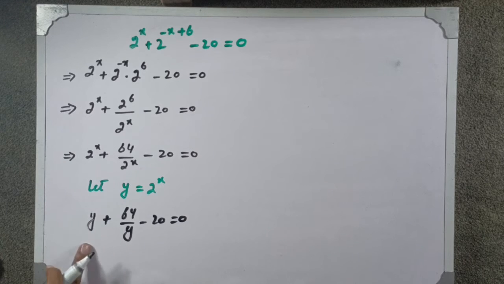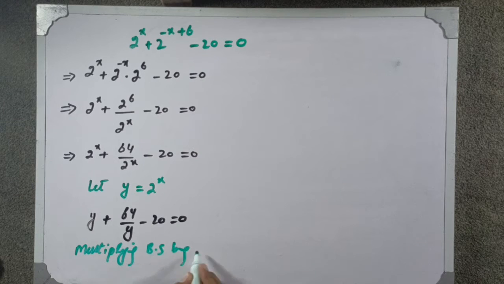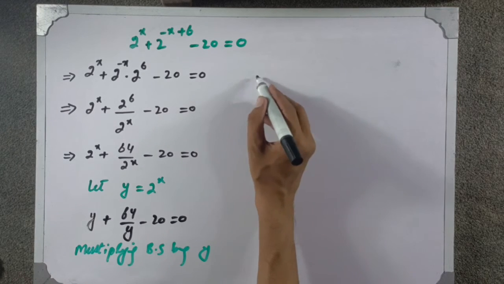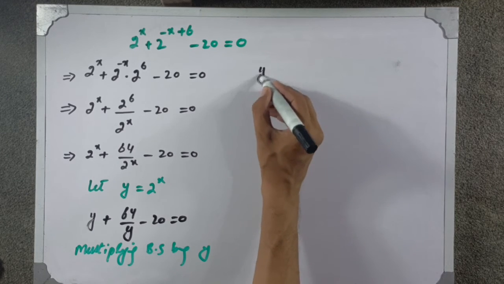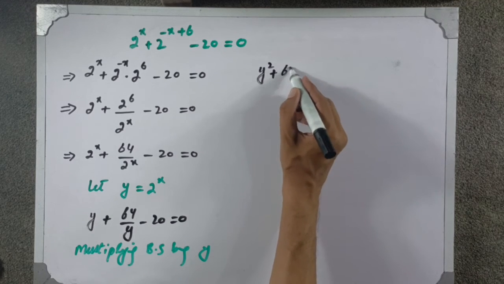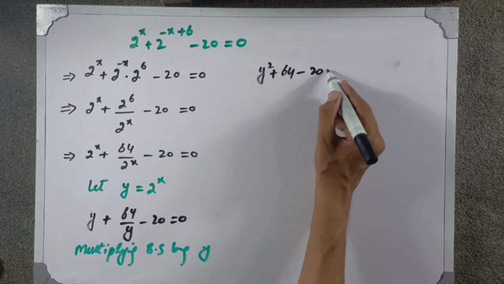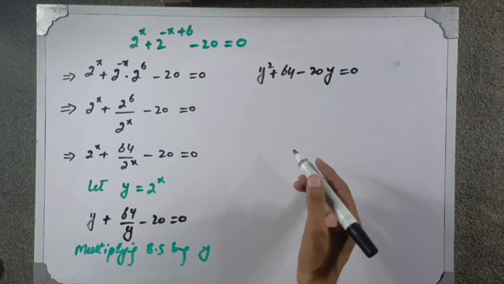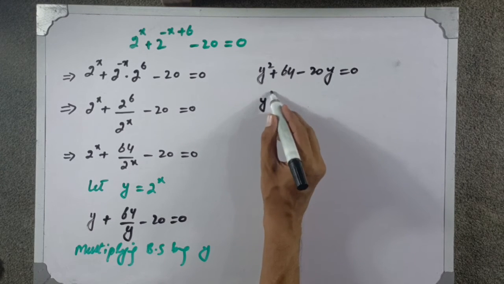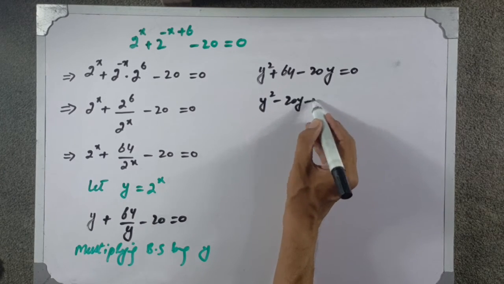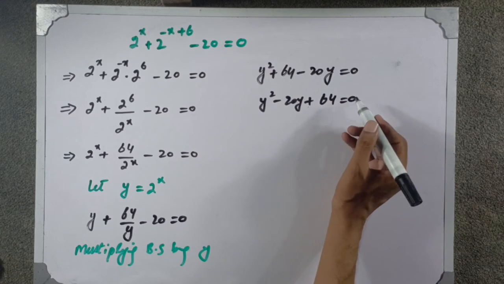Now by taking LCM, or multiplying both sides by y, this will give me y square plus 64 minus 20y is equal to 0. By rearranging, this will give me y square minus 20y plus 64 is equal to 0.